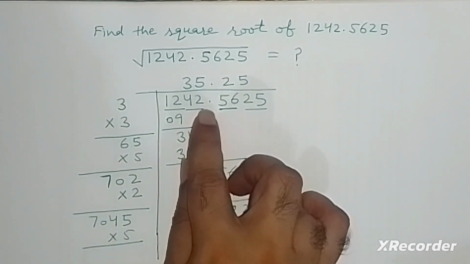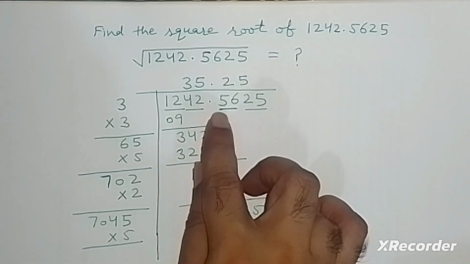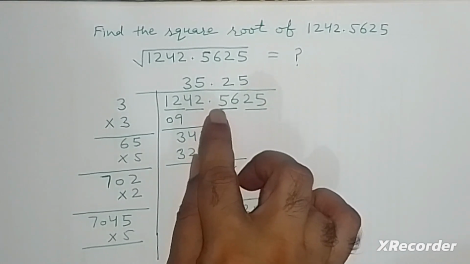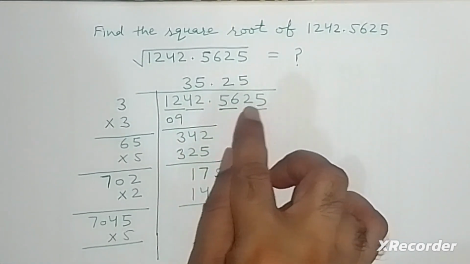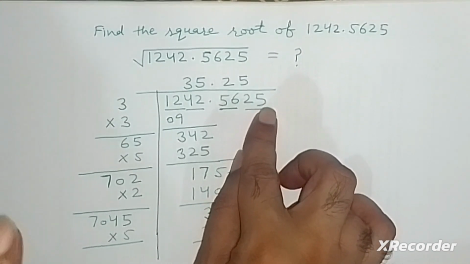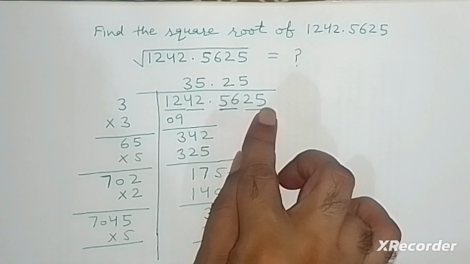After the decimal, we move from left to right, so making the pairs, we get 56 and 25. Now we have made the pairs in this sum.